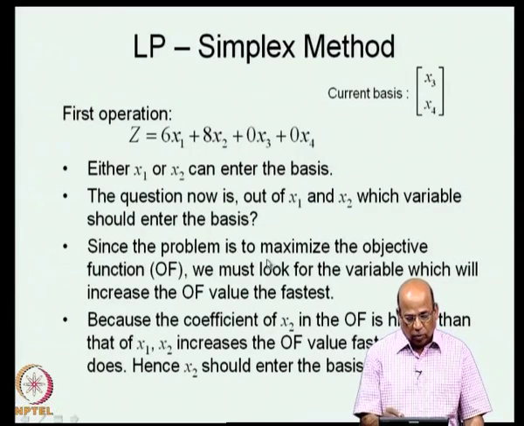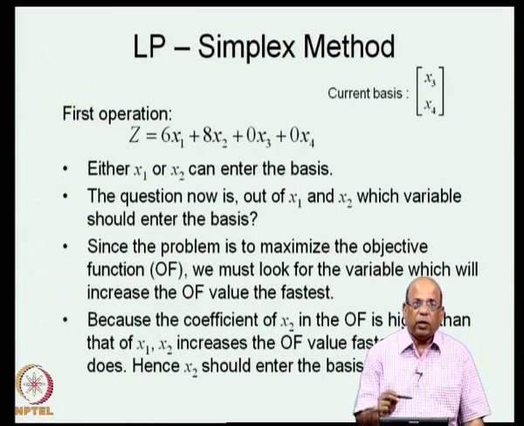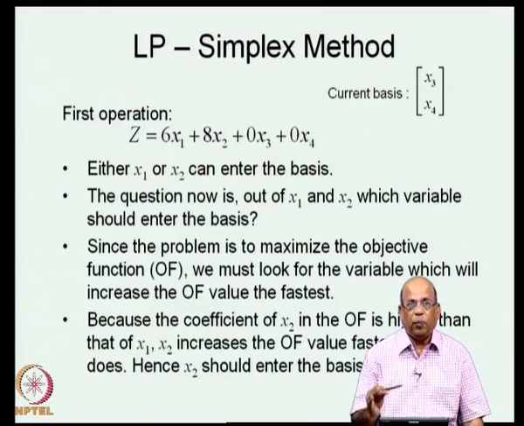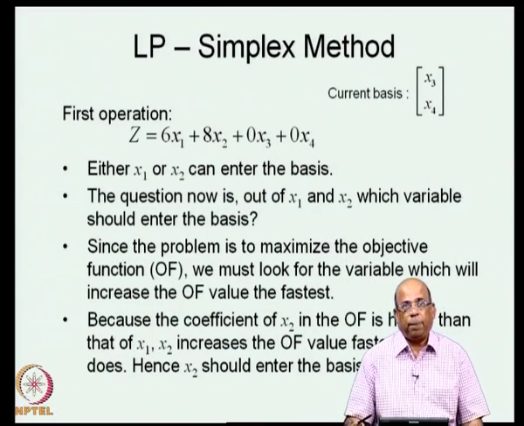Because we are looking at maximization of the objective function, we must look for the variable between x1 and x2 which will increase the objective function value the fastest. In this case, because x2 has a higher positive coefficient compared to the coefficient of x1, you bring in x2.